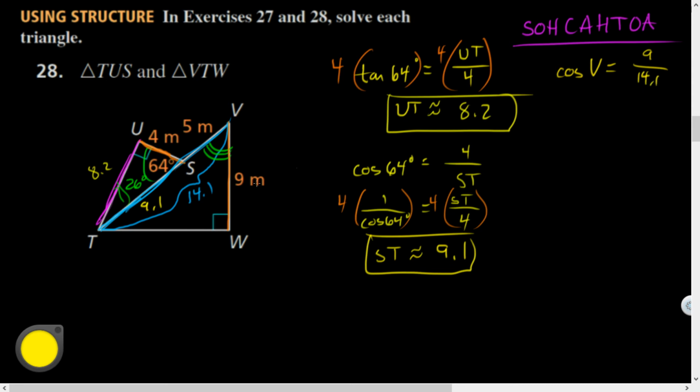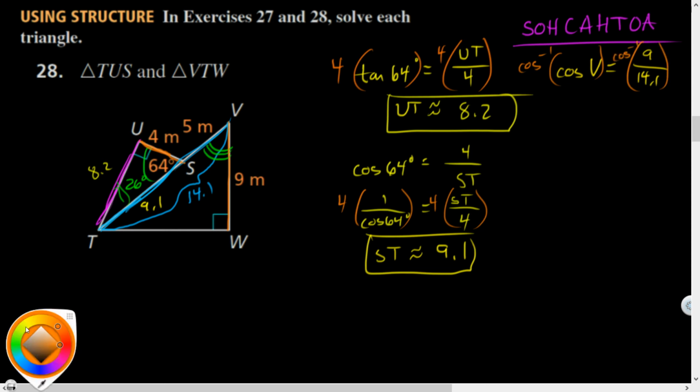So 9 over 14.1, how do I solve for V? So cosine inverse. Yep. So let's see, second cos inverse of 9 divided by 14.1, close parentheses.